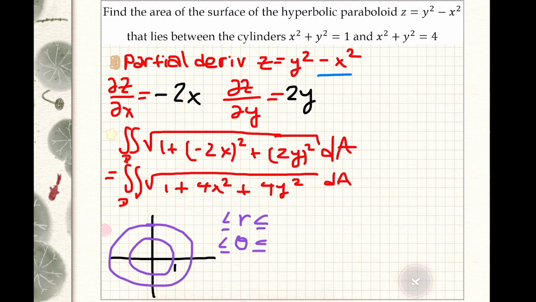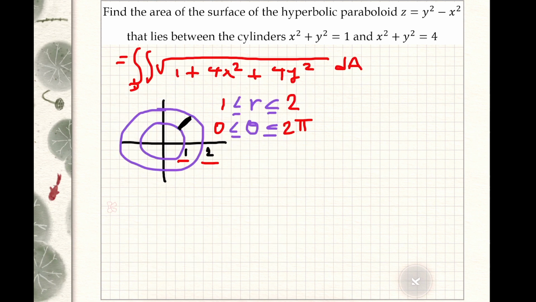The second one has a radius of 2. Square root of 4 is 2. Again, we are only caring about what's in between those circles, so only this. The radius is between 1 and 2. That's exactly what goes here. Our theta is 0 to 2 pi because it's covering the whole circle.